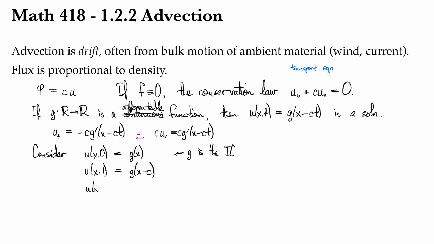If we look at u of x at time 2, then we have g translated to the right by 2c, and so on. So this is shifted by c, and then this one is shifted by 2c.